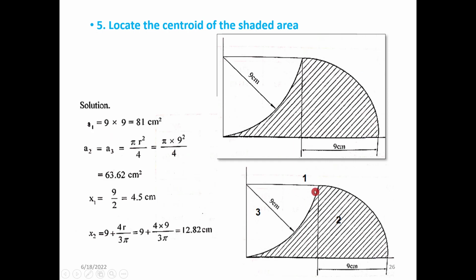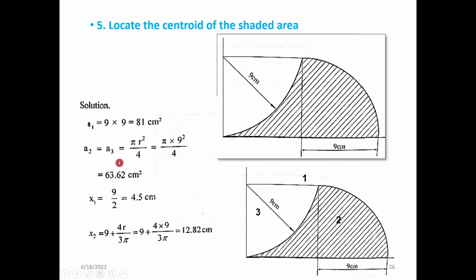A1 is the rectangle, so directly given. The width of the rectangle is 9 as well as the length of the rectangle is 9. So 9 and 9 is 81 square centimeter, the total size of this rectangle.